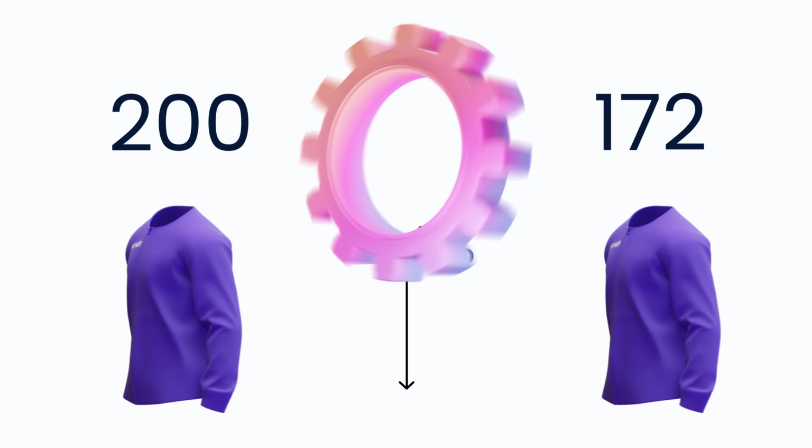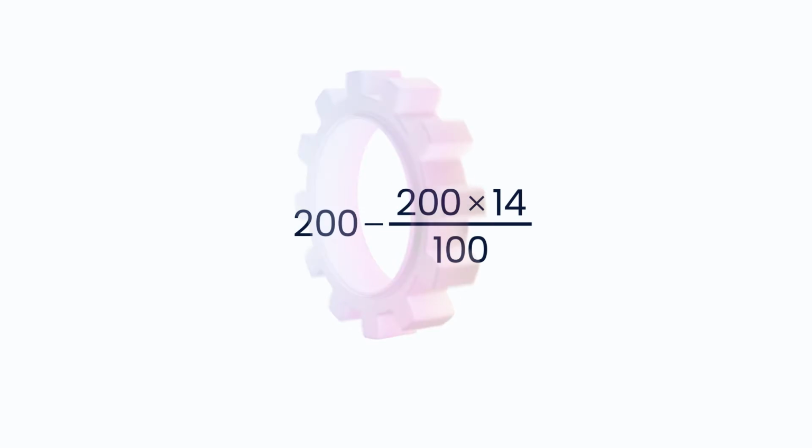Now let's see how you can do it all in one step by creating a decay factor expression. Combining the two original steps, the initial price minus the percentage decrease, gives you the opportunity to factor out the price, leaving you with a very elegant formula. Notice that the price 200 is in both terms, which means you can factor it out.